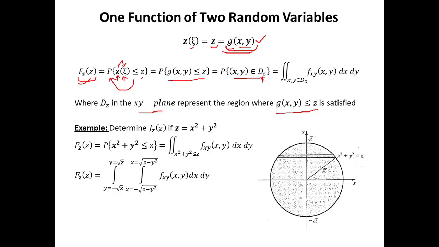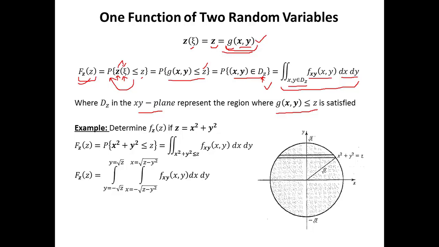If we solve this function to get the different values of the set (X,Y) for a particular z, and combine all those solutions or points, we get the region D_z. Since there are two variables X and Y, this can also be written as a double integral of the PDF with respect to dx dy such that X and Y belong to that region of interest D_z. This particular concept will be utilized in this lecture.